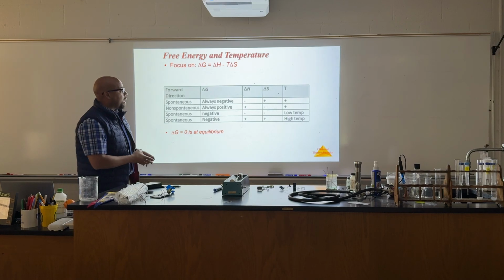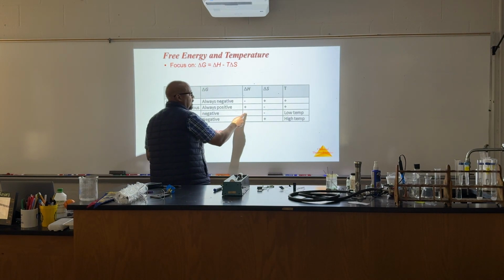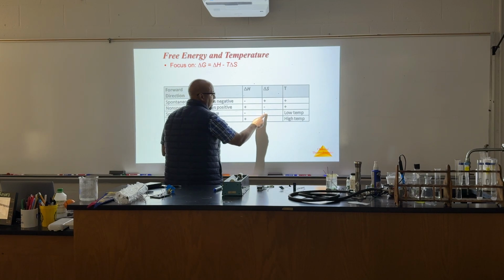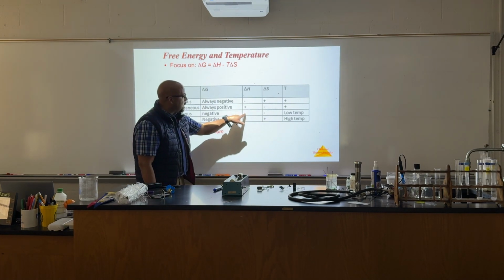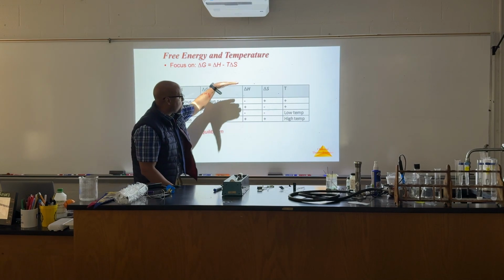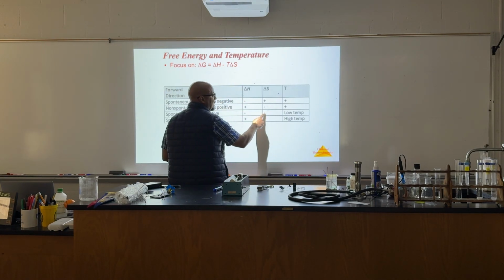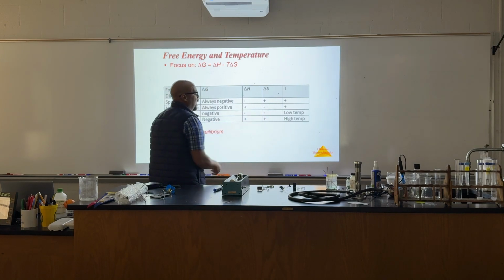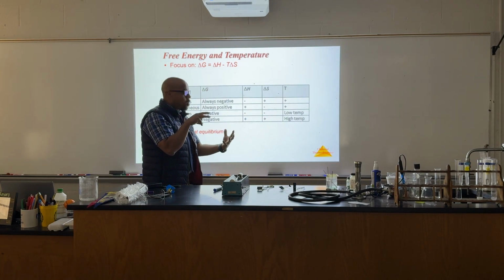Now, if we have the following conditions, where delta H is negative and delta S is negative. And keep in mind that when delta H is negative, Mother Nature is like, yes, that's great. I'm going from high energy to low energy. But when delta S is negative here, then Mother Nature is like, no, that's awful, because you're now making me go and become more organized.